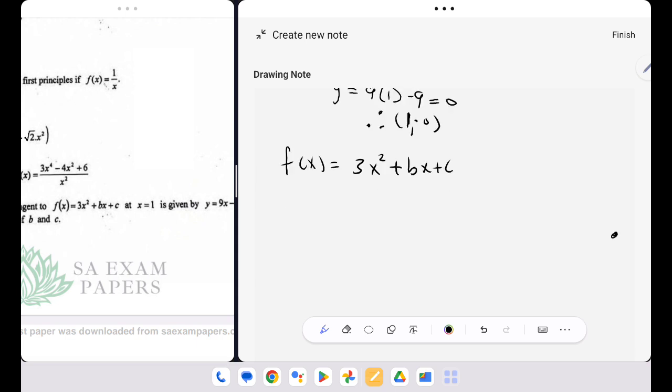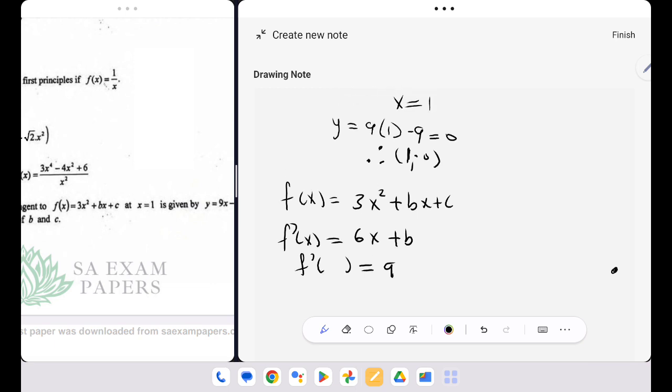For my curve, the derivative of my graph, my gradient, will be equal to 9, since 9 is the gradient of my tangent, but my derivative will only be 9 if and only if the x value is 1.